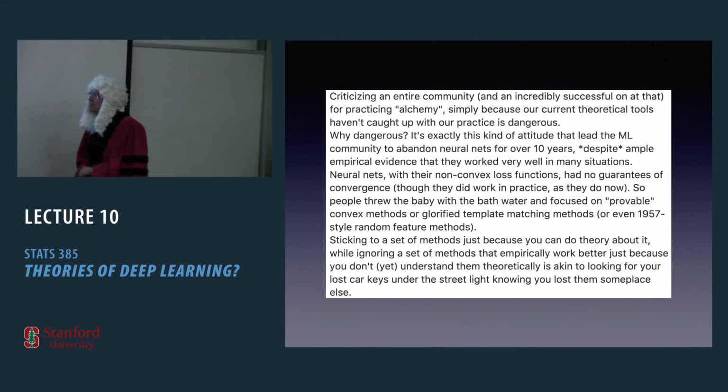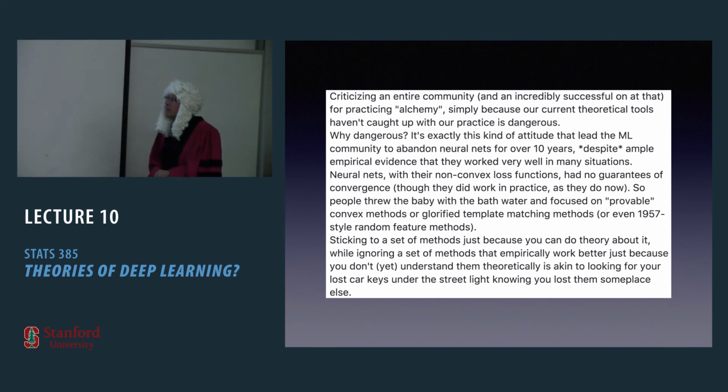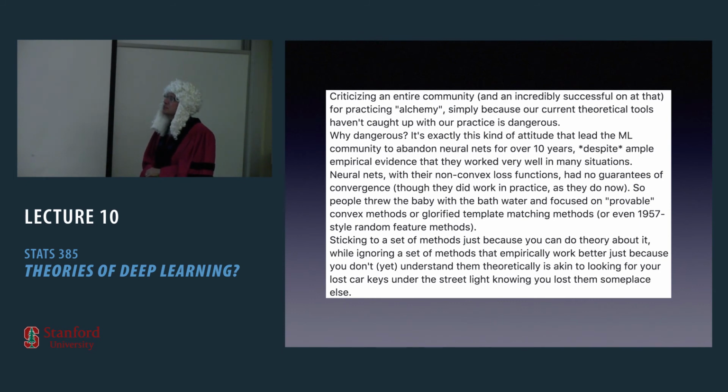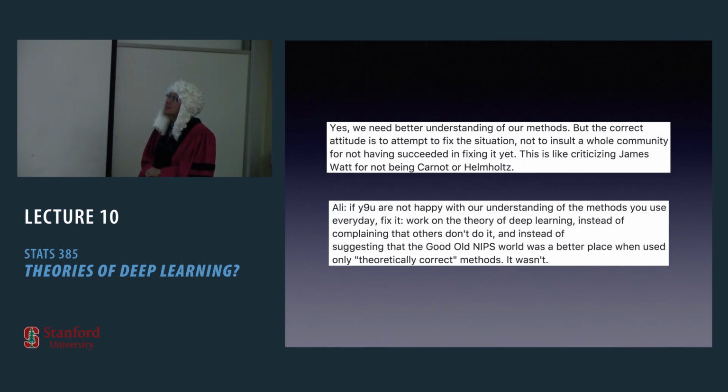Sticking to a set of methods just because you can do theory about it while ignoring a set of methods that empirically work better just because you don't yet understand them theoretically is akin to looking for your lost car keys under the streetlight, knowing you lost them someplace else. Yes, we need better understanding of our methods, but the correct attitude is to attempt to fix a situation, not to insult the whole community for not having succeeded in fixing it yet.